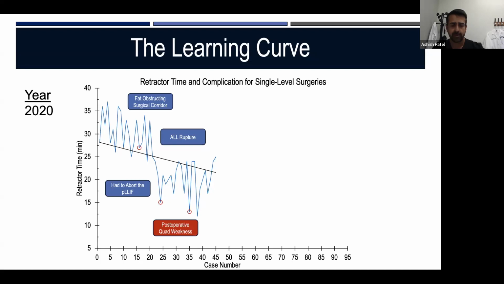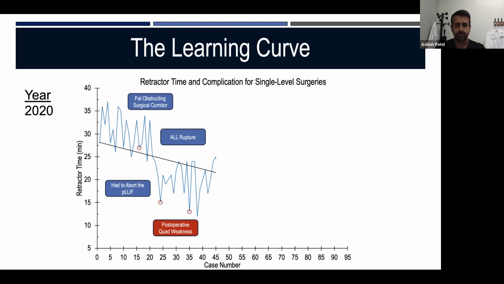there were moments where we had post-operative quadricep weakness when we're first going through this learning curve. And we know that in the prone position, the hips and knees are extended. The psoas moves more posteriorly. The plexus is more taut and moves more posteriorly, as well as the nerve roots as well.